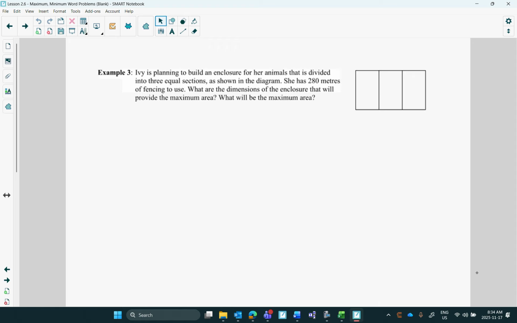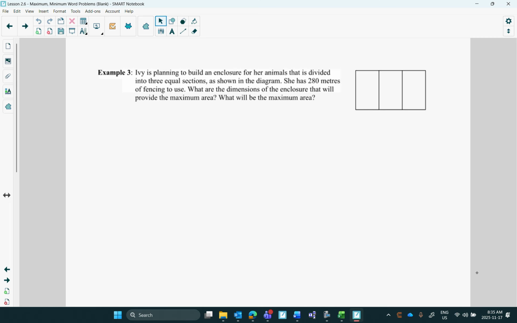Then you have to construct the quadratic function. And since it's a maximum or minimum word problem, that means you're dealing with the vertex, specifically the x vertex, which will get you one of your answers for one of your unknowns. And then you just plug that answer in to find the other unknown or unknowns.